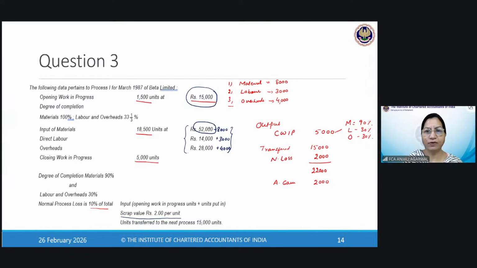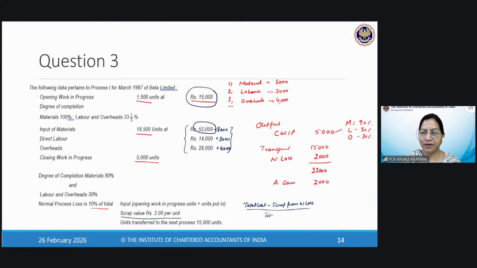Material cost 52,000 plus 8,000, the cost of material in opening WIP, which I have assumed here. So 52,000 plus 8,000 is 60,000 minus scrap realized 2 rupee per unit. So our fundamental rule was total cost minus scrap realized from normal loss divided by total units.